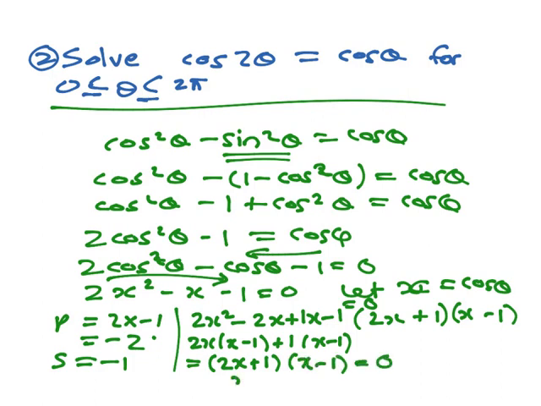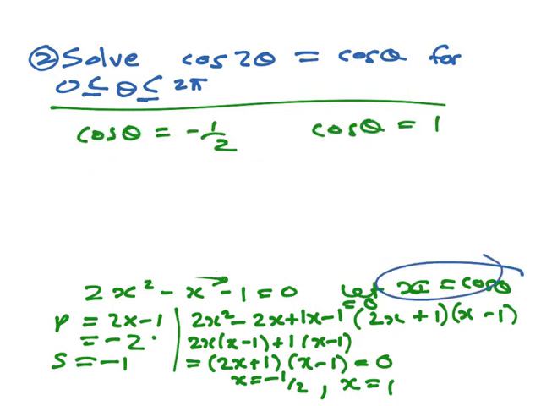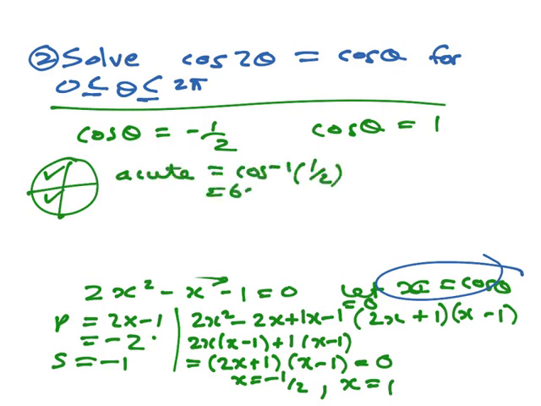Solving for 0, you get x is minus 1/2 and x equals 1. But your x value was equal to cos theta. So cos theta is minus 1/2 and cos theta is 1. Cos theta is minus 1/2: cos is negative in the second and third quadrant. The acute angle is 60, which is pi on 3.